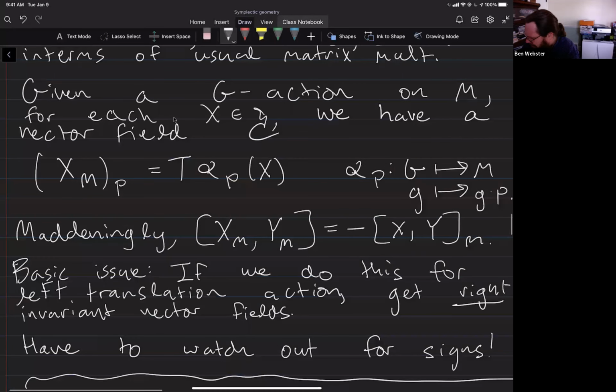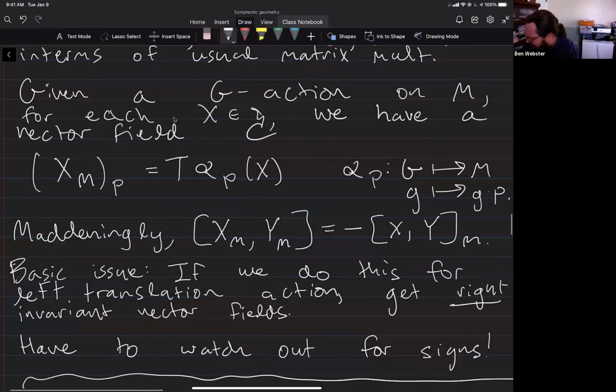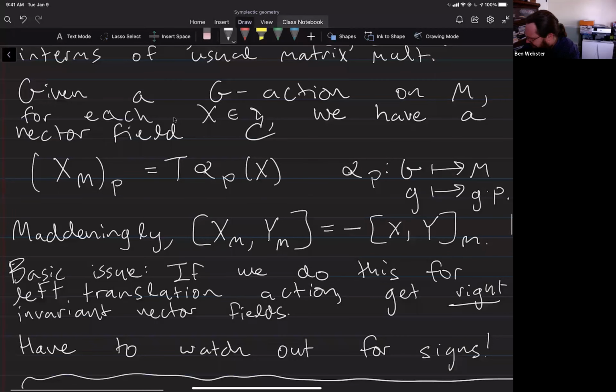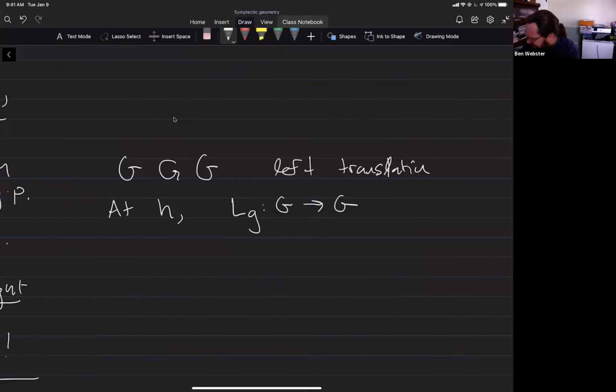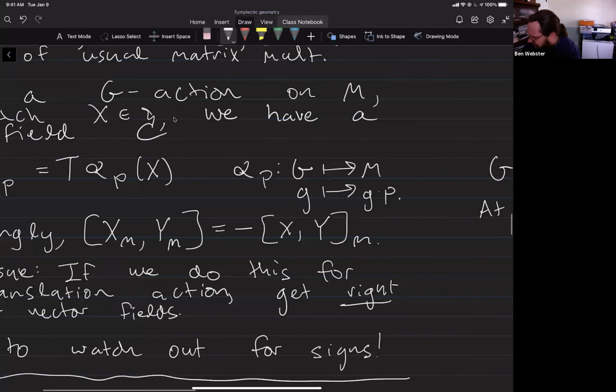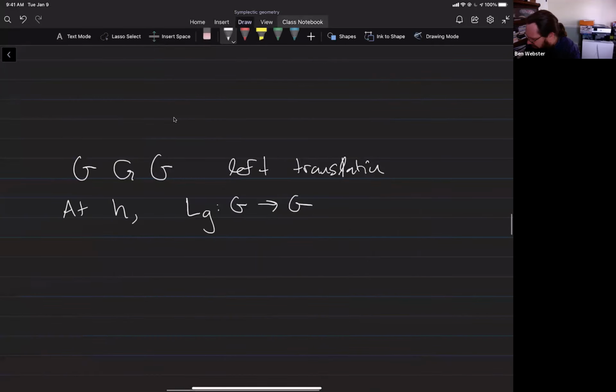I was really sure I had done this correctly. I hate being that guy who's like, oh no, wait, this is wrong. But I think I did get this. So in order to define this vector field, I'm looking at the left multiplication action for L_G of this guy.